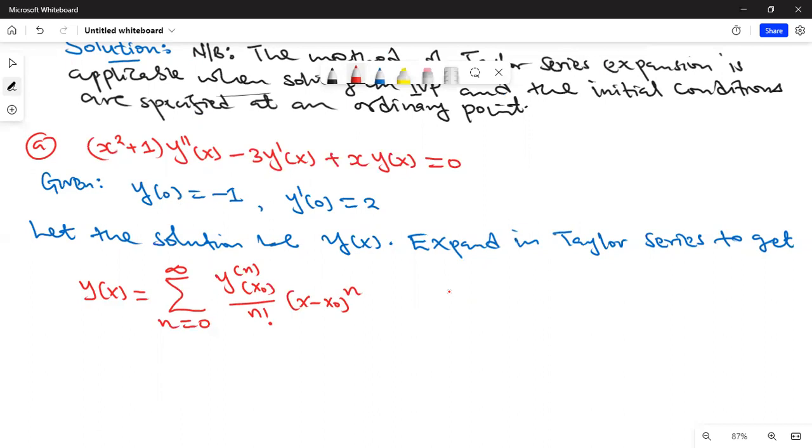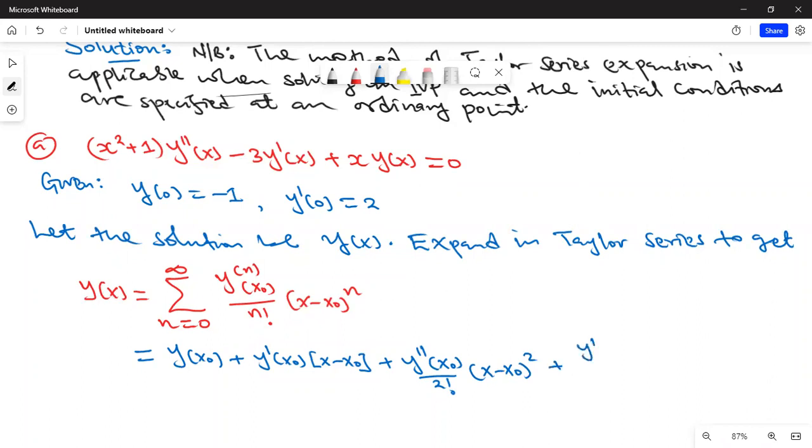And so this is the same as writing y at x naught plus y prime at x naught times (x minus x naught) plus y double prime at x naught over 2 factorial times (x minus x naught) squared plus y third prime at x naught over 3 factorial times (x minus x naught) cubed plus so many other terms.